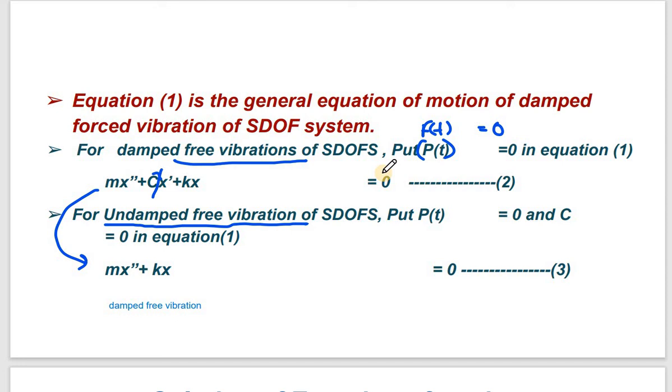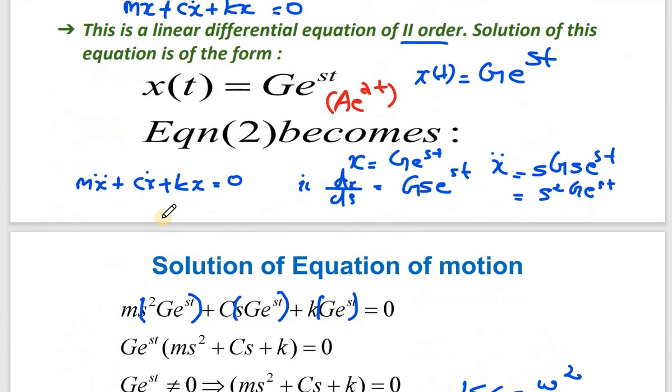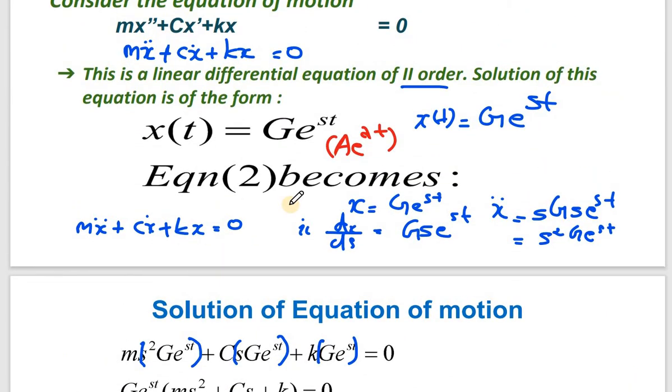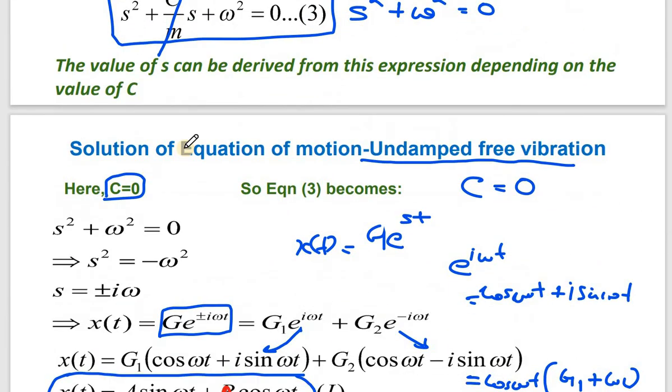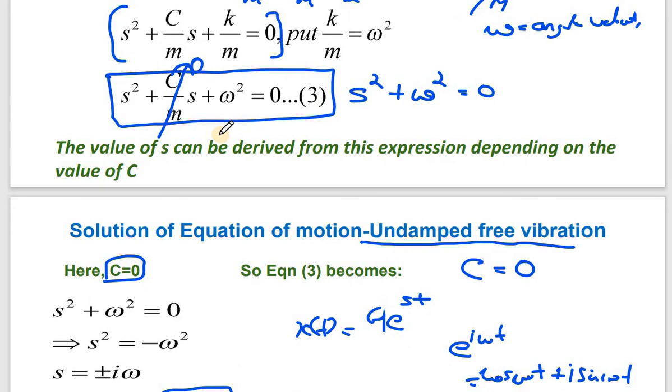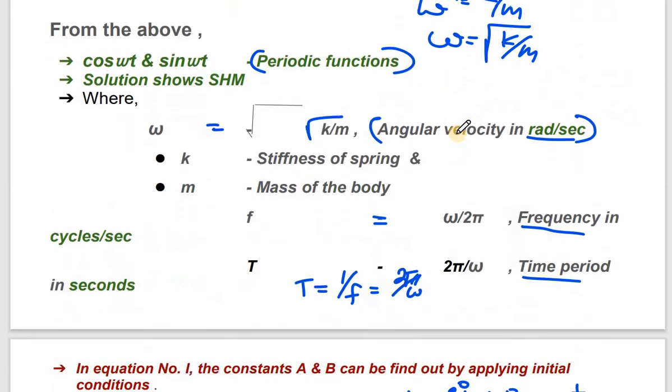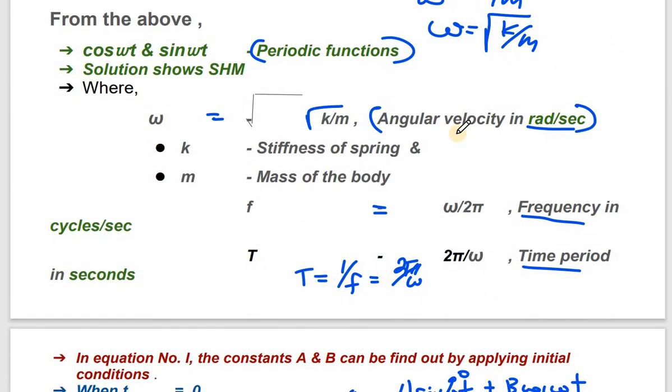From that, we are now focusing only on the undamped case, that is, C is equal to 0. Then we started with undamped free vibration, and with that we have done some problems.